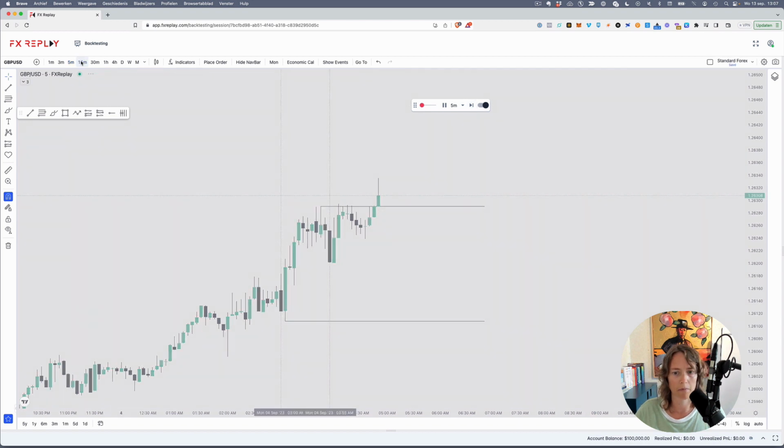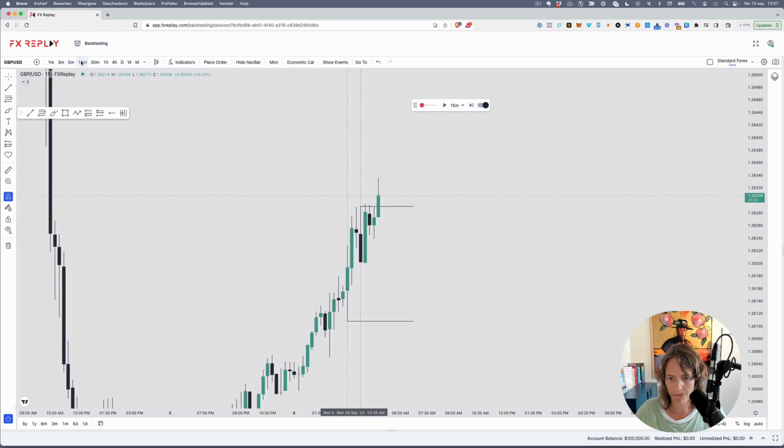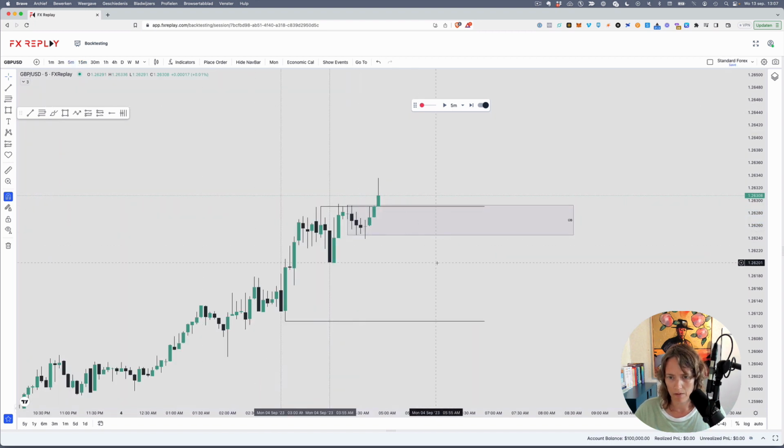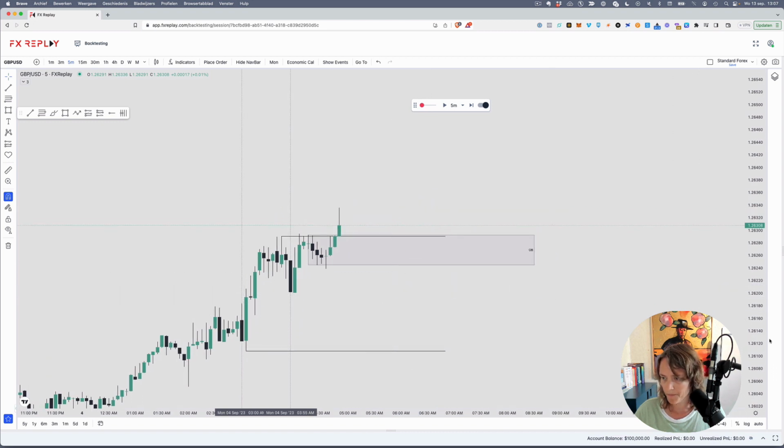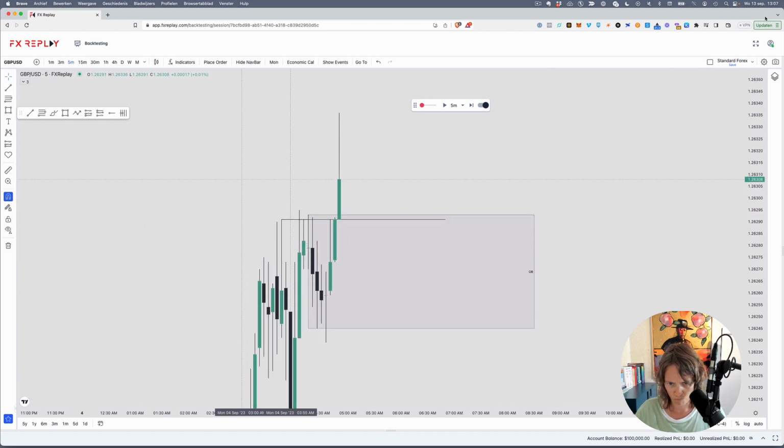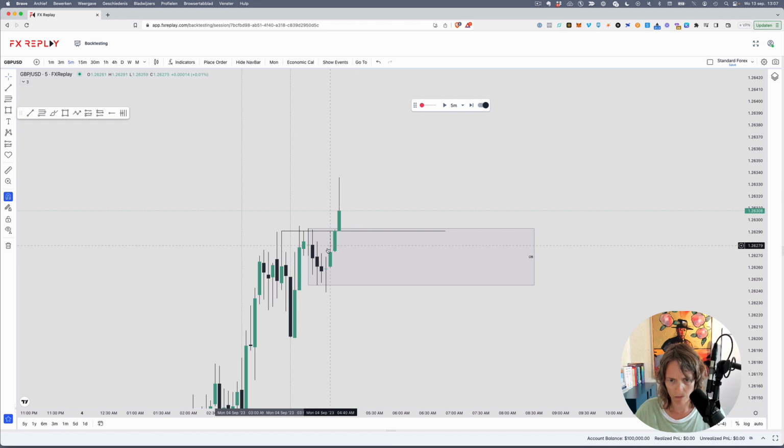So there's the break. 15-minute order block. Also some imbalances here, but they're too far away for my taste. Let me see what this does over here. It's already balanced. Let me put this on the order block.